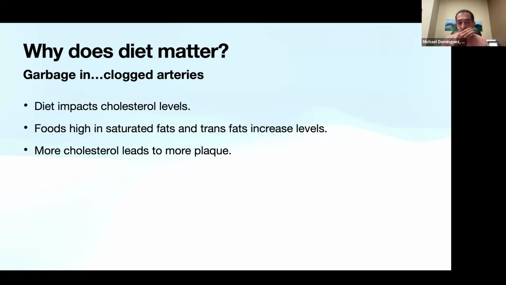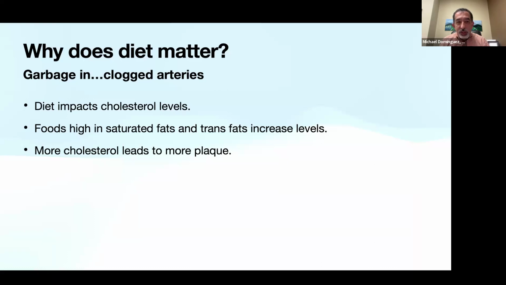Why does diet matter? An old computer saying is garbage in, garbage out. When it comes to the heart, garbage in, as in eating junk food, leads to clogged arteries. So as an earlier question addressed, diet has a big impact on cholesterol levels.